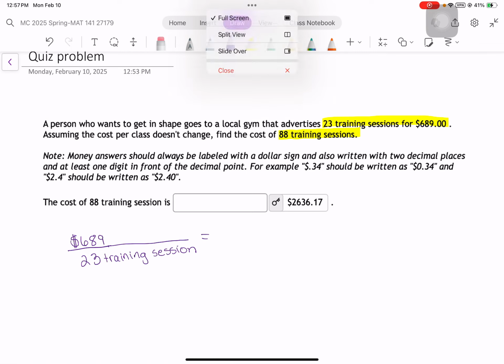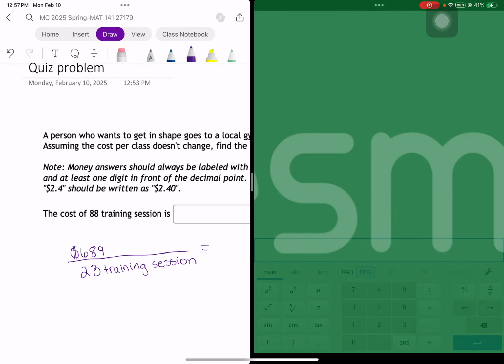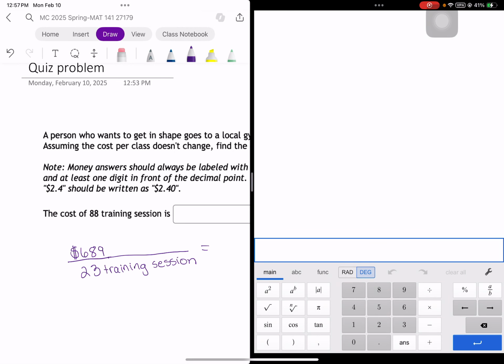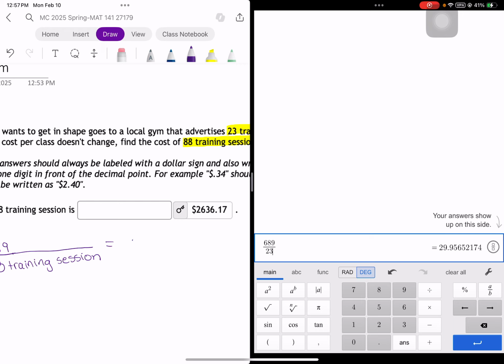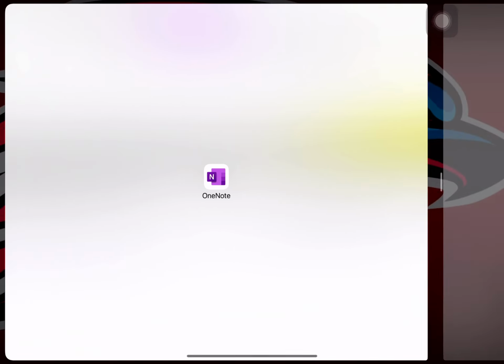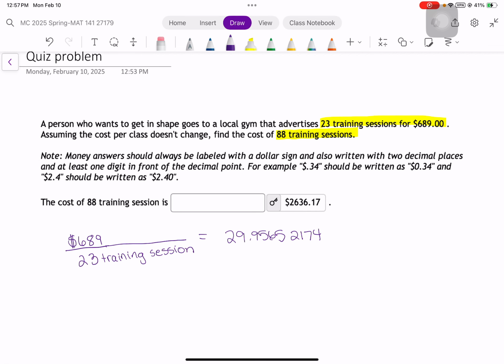So if we just use Desmos, and I do 689 divided by 23, I get 29.95652174. And there's a reason I'm writing that all out. And a lot of you were like, oh, so I can see that would be a price per session.